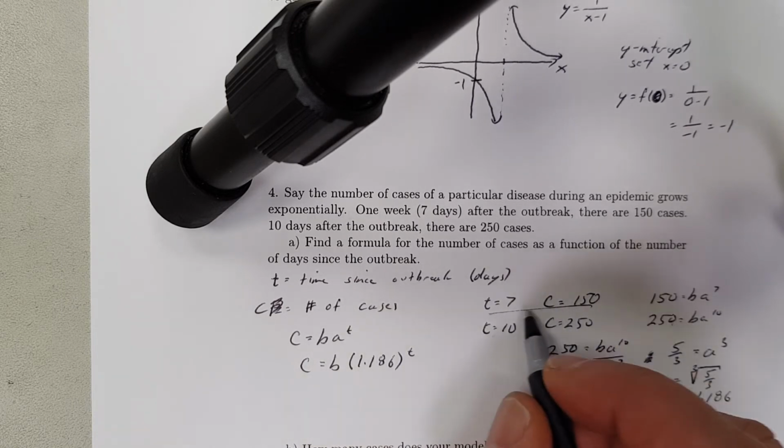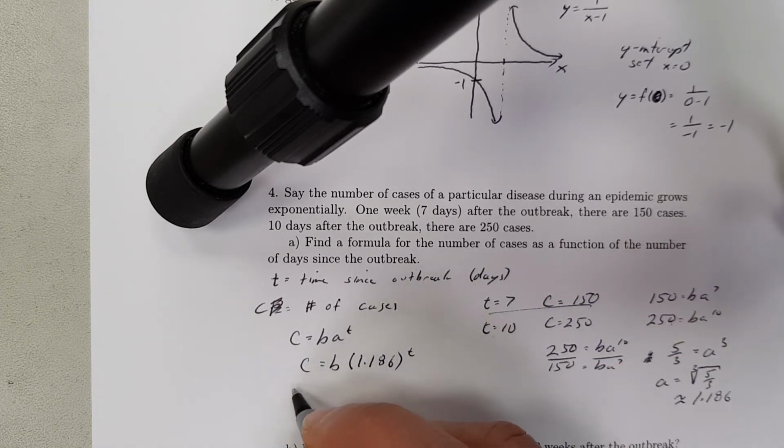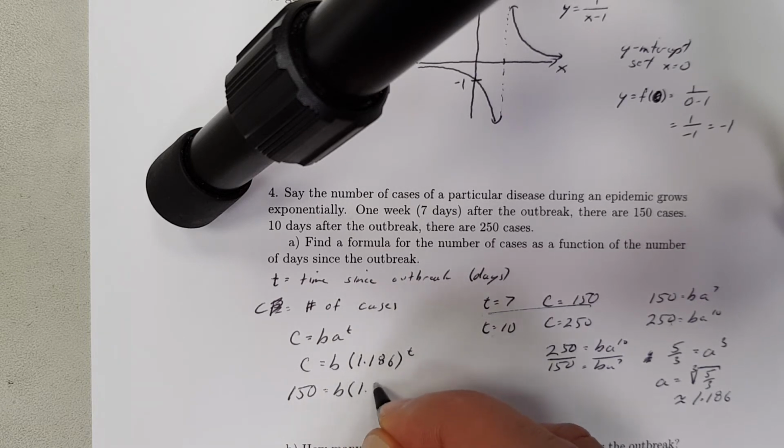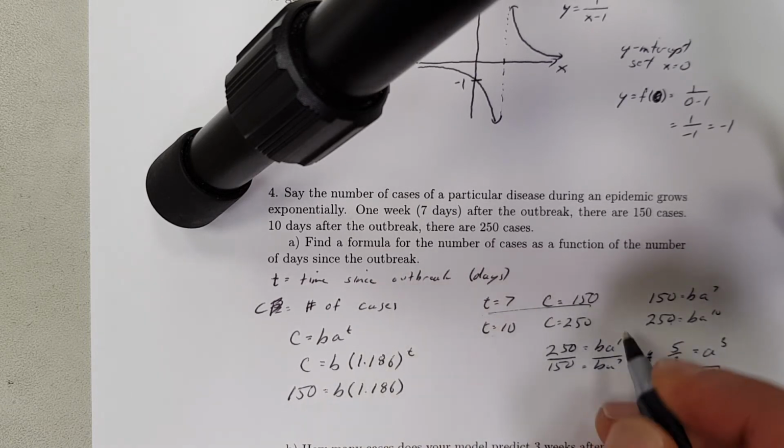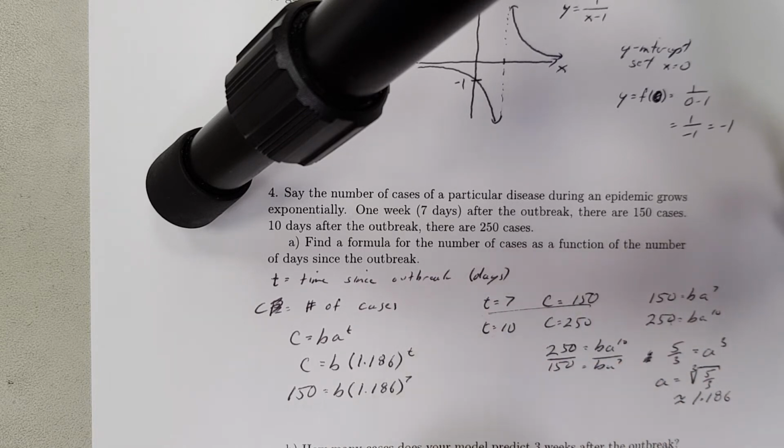So let's go ahead and use this one. I'll put c equals 150 equals b times 1.186 to the power 7. So I end up with b is equal to 150 divided by 1.186 to the power 7. Let's see what we get there.